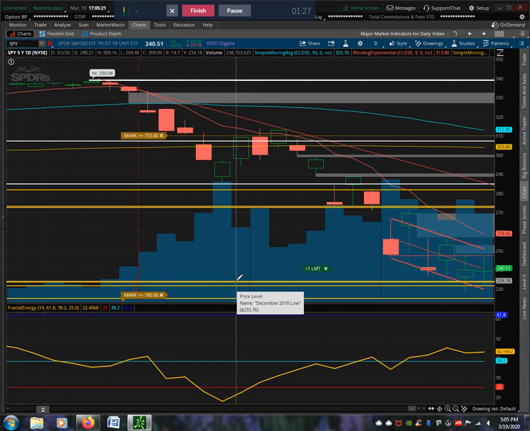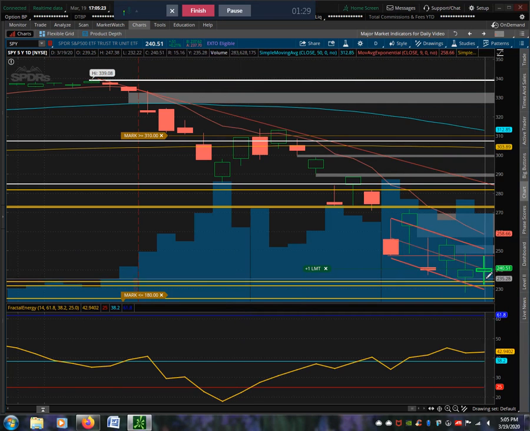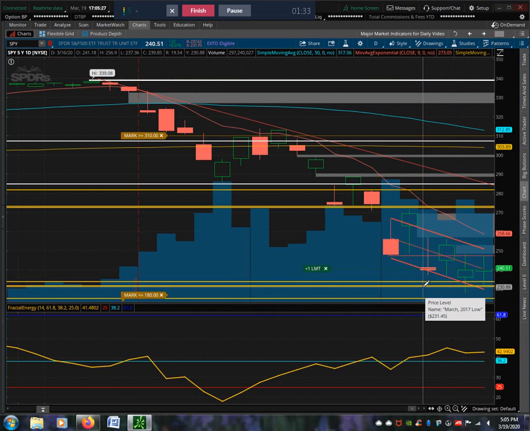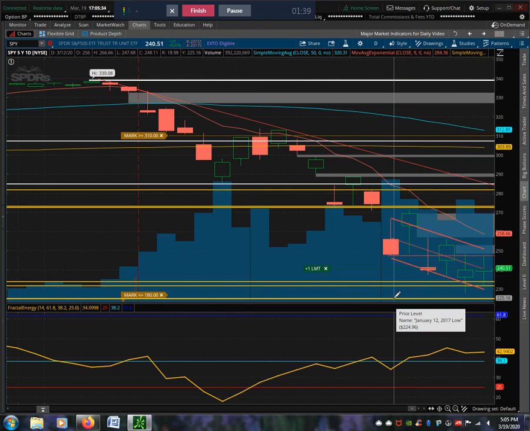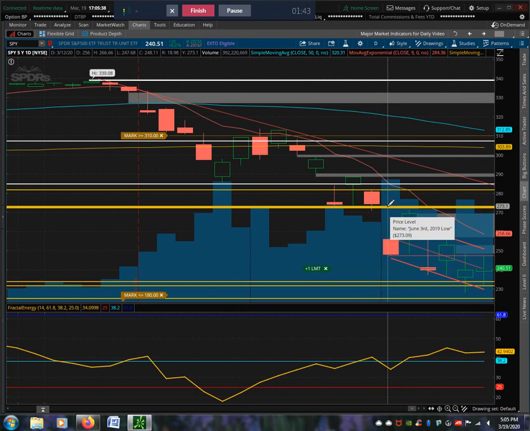So this is the December 2018 low. It looks like it has been there. We go down to another, the March 2017 low, which really acted as support here. Also the January 12th, 2017 low as a price level. We've got some June and March lows earlier.